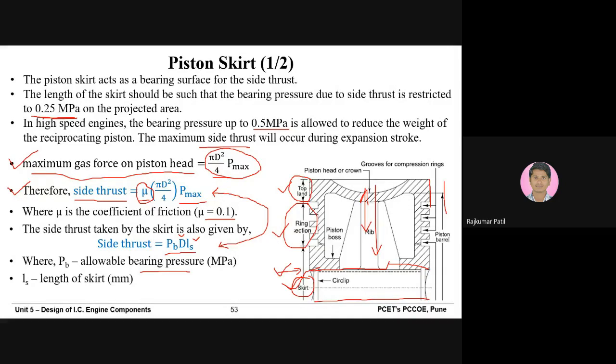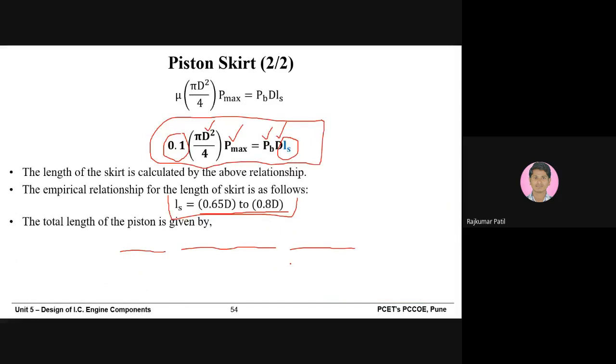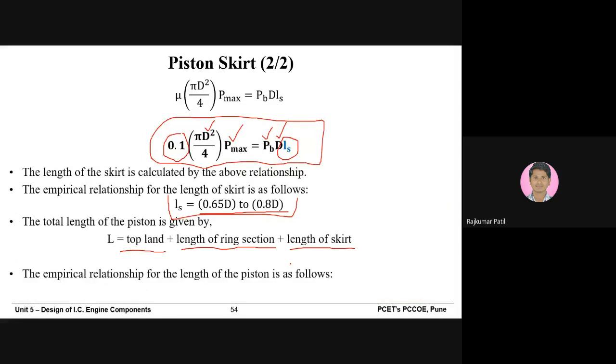If you add these three lengths, you will get total length of the piston, or you can say it is the height of the piston, but generally it is called as the length of the piston. Again, there is an empirical relationship for the length of the piston as follows. So L is generally taken between D to 1.5 D, where D is the diameter of the cylinder bore.